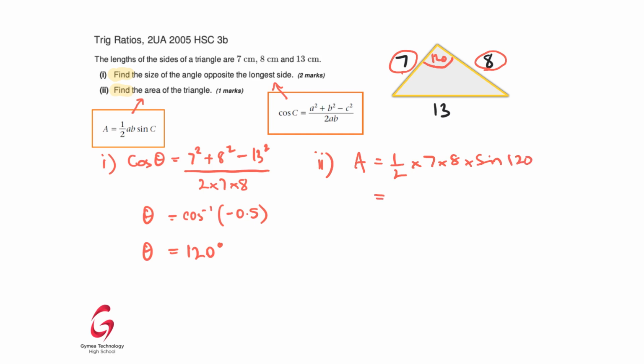So we can put that in our calculators and get 24.248. The question doesn't say how accurate, so I'm just going to say 24.25 centimetres squared, and I'm going to let my marker know that it was 2 decimal places.